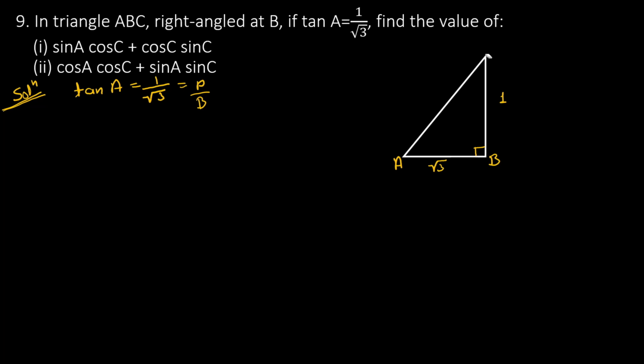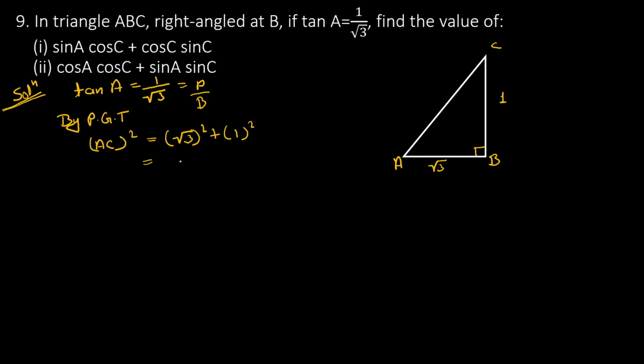To find the hypotenuse, we will use the Pythagoras theorem. AC squared equals root 3 squared plus 1 squared.